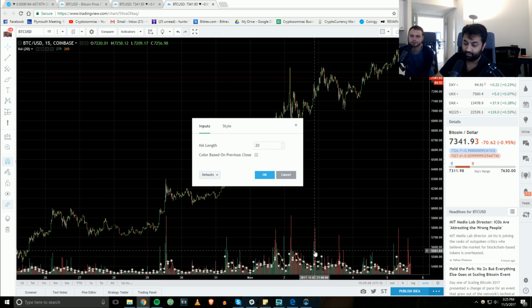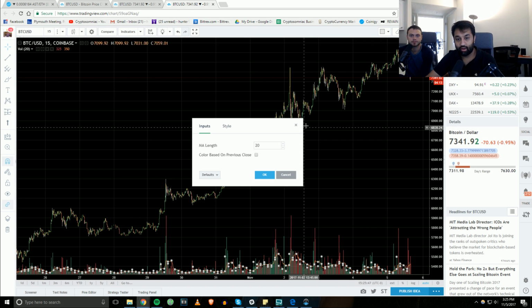So that's a 15-minute moving average. That's 20, so what's 15 times 20? That's a 300-minute moving average length. So it takes the average of the 300 minutes before it. That's what moving average really is.